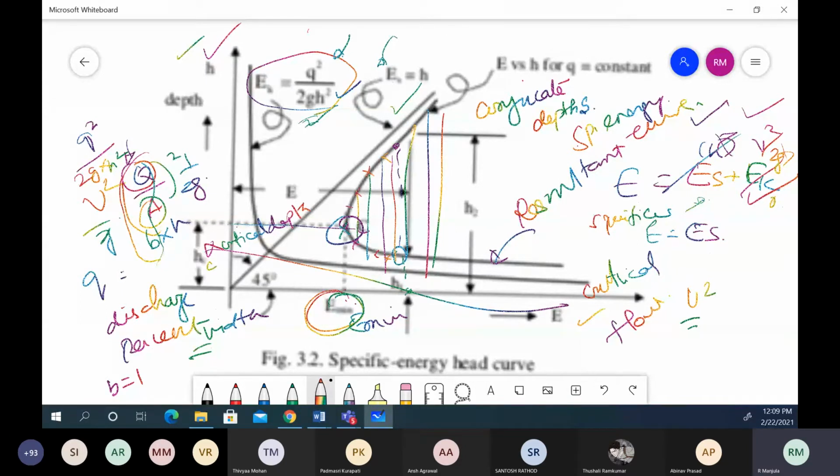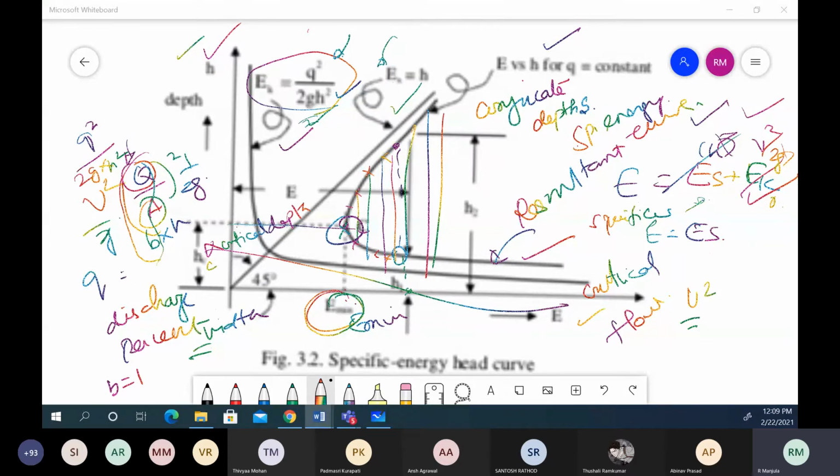Okay. So this is E versus H. E is equal to H, and you are having E versus H. And this is E versus kinetic energy, and this is the resultant specific energy versus your depth.